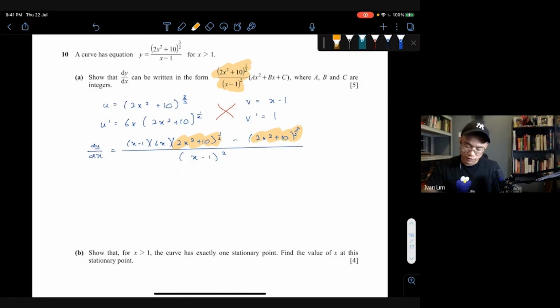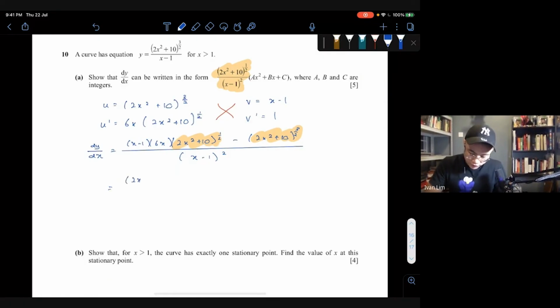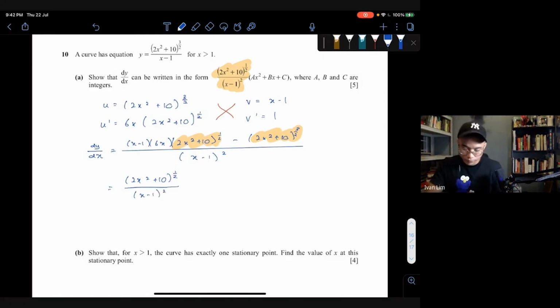So factorize it out first, and the bottom remains (x minus 1) squared. Don't go and open out the bracket first, otherwise it is very hard to solve.